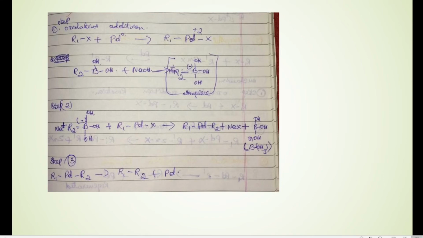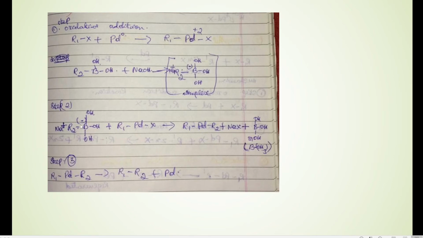That eliminated halide group is then taken up by this Na+ group and it comes out as NaX. And what else is left here? We have B(OH)3, so we have B, OH, OH, OH, which can also be written as boron trihydroxide, 3 times OH.